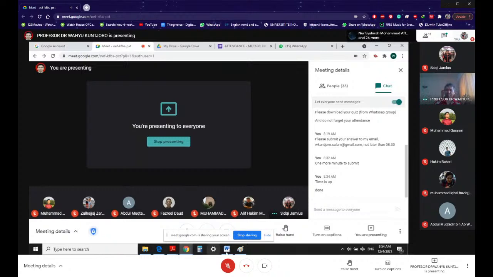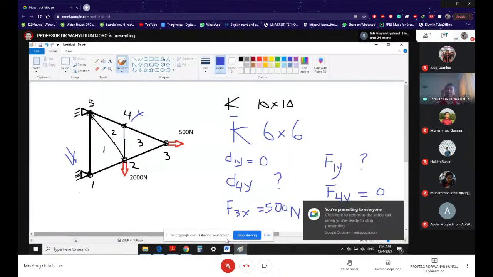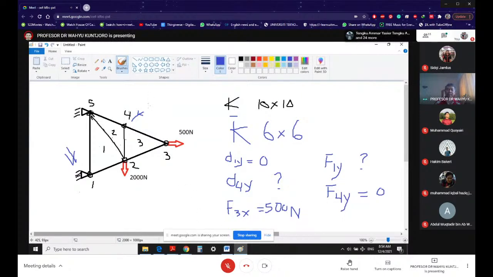So now, this numbering is my own numbering. If, let's say, this is number 4, and that's number 2, then of course F4Y is not 0.